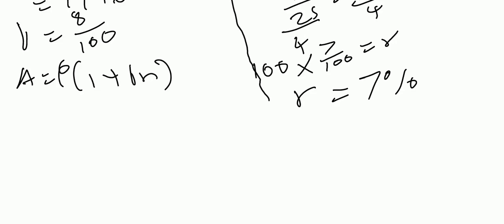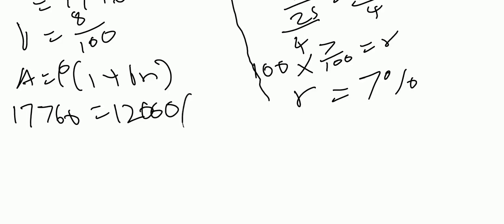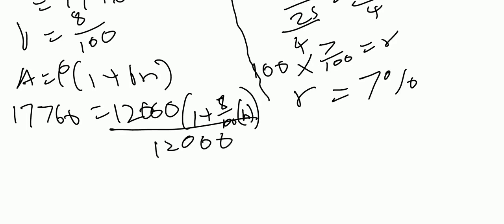Then what is our A? Our A is 17,760, but our initial investment was 12,000. 1 plus what is our I? 8 over 100 multiplied by our N. Then you take your 17,760 and divide it by 12,000. We divide both sides by 12,000.